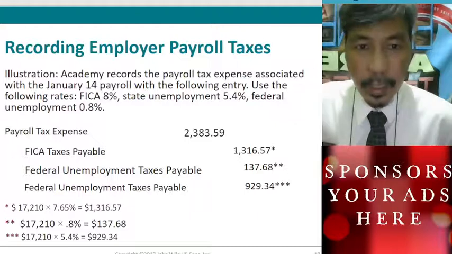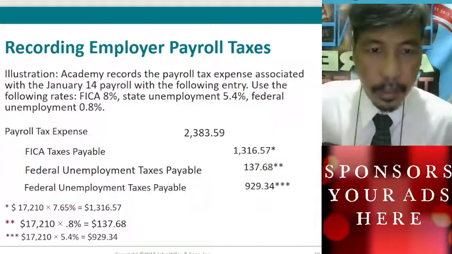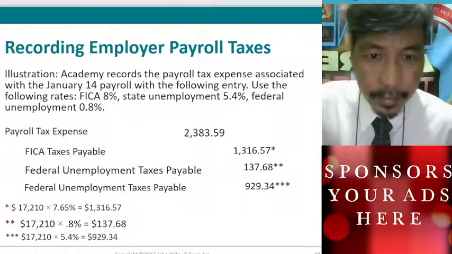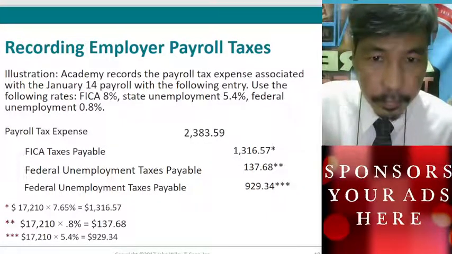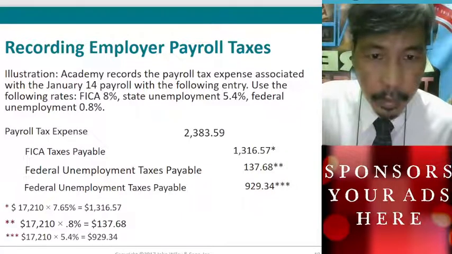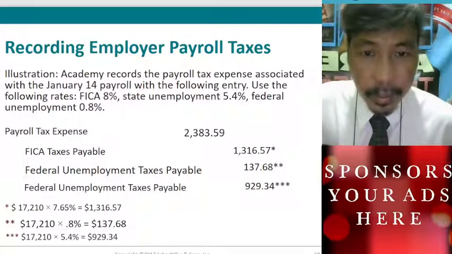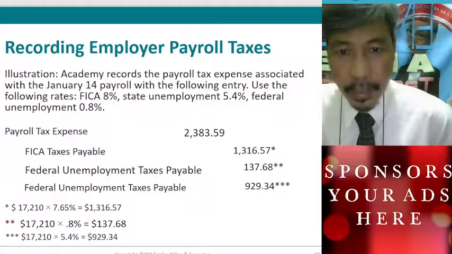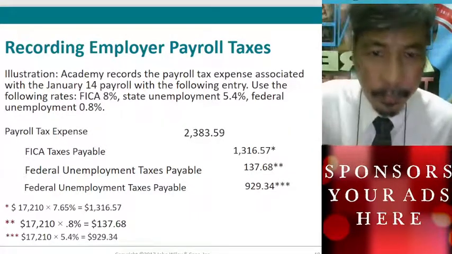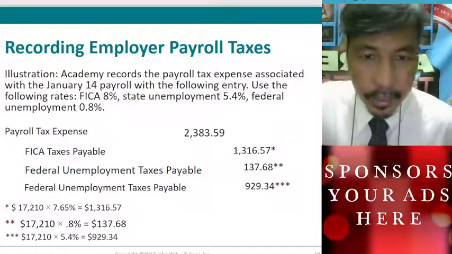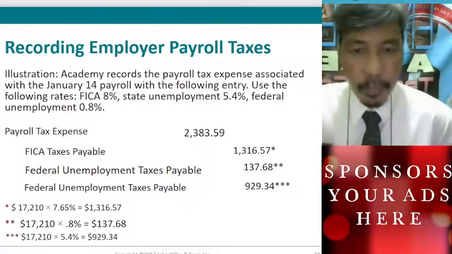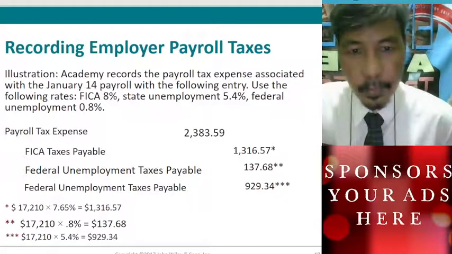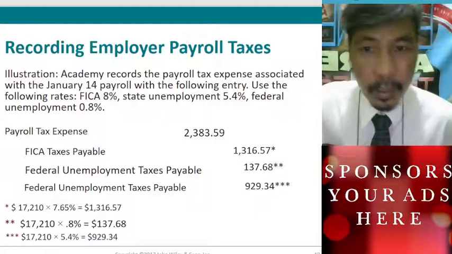And then federal unemployment, and the next one is state. 0.8 percent. So the total is actually 7.6, because 0.8 is for federal and 5.4 for state.